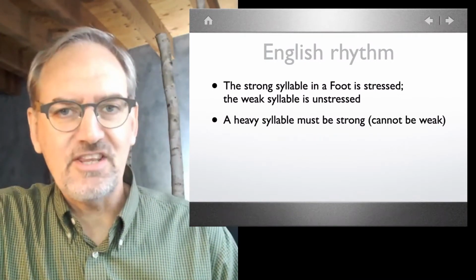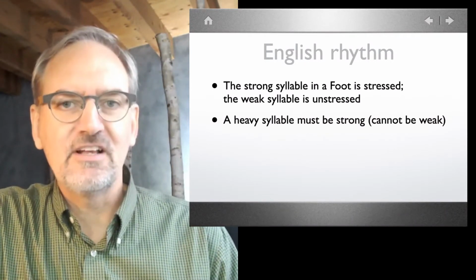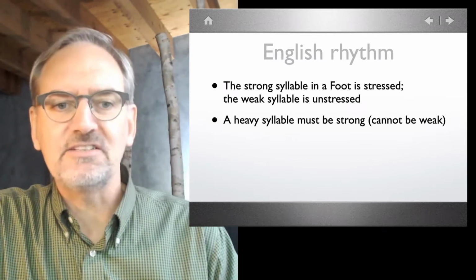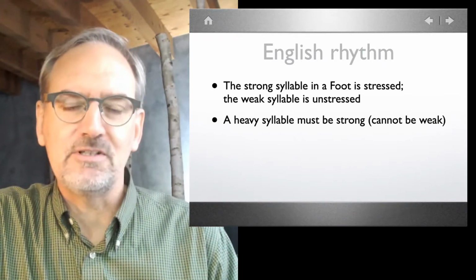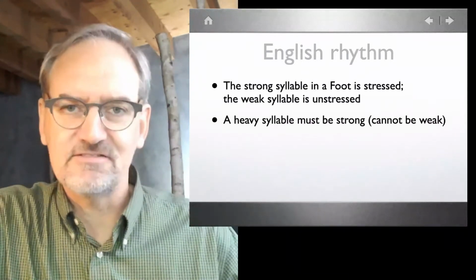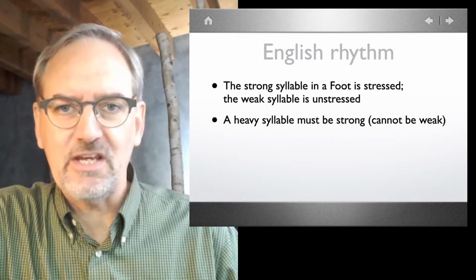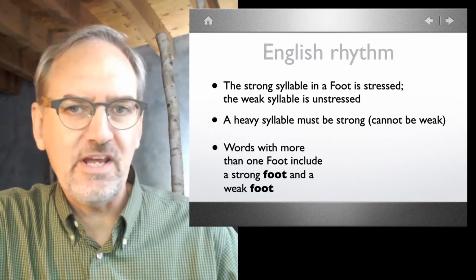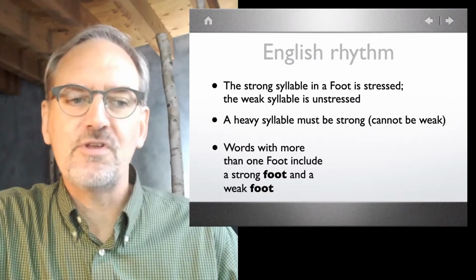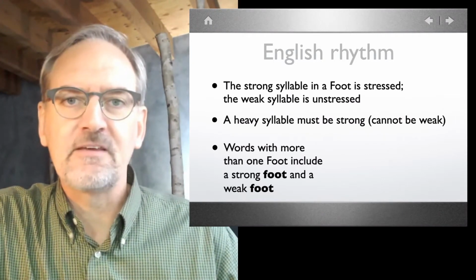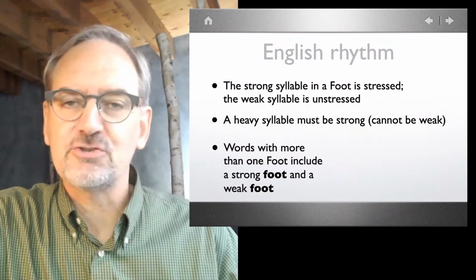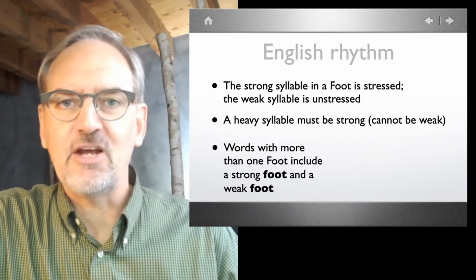Now, in addition to that property of the foot, there's a property of syllable weight, which is that a heavy syllable must be strong. Okay? It can't be in a weak position. So in a word that has more than one foot, you can either have a strong foot and a weak foot.